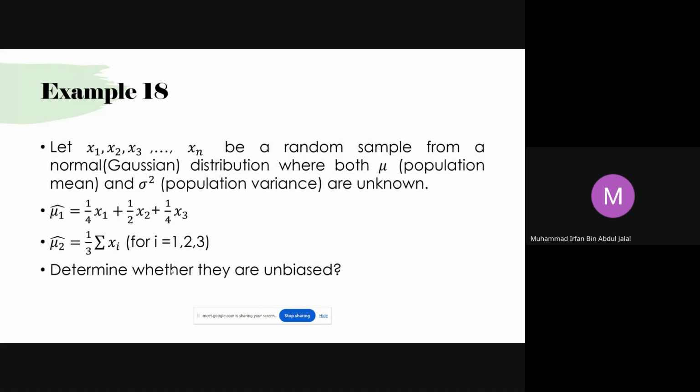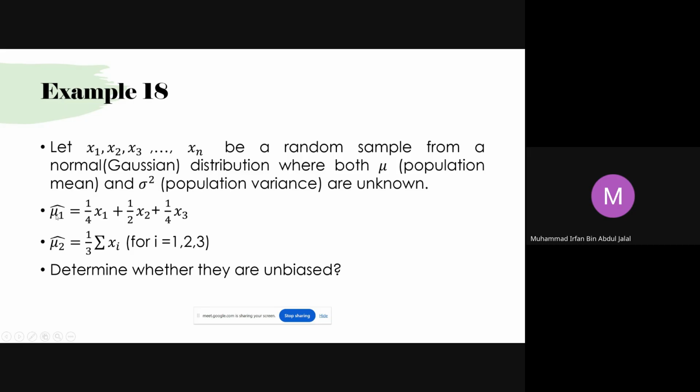So the last example for unbiased properties of the estimator. Again, let's use a more familiar example in this case. We assume that the observations x1, x2, x3, the random variables until xn, are a random sample from a normal Gaussian distribution where both the population mean and the population variance, the dispersion parameter sigma squared, are unknown. Okay, so we have two estimators here.